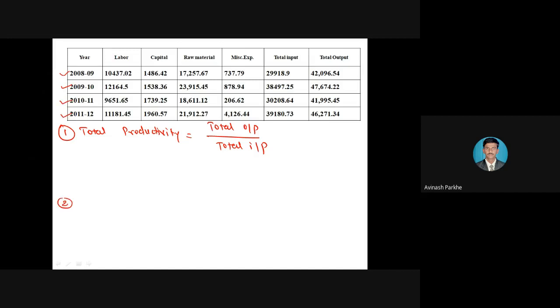And then the second formula is called partial productivity. Partial productivity is equal to total output upon required or each input. For example, for 2008 to 9, what is the total output?